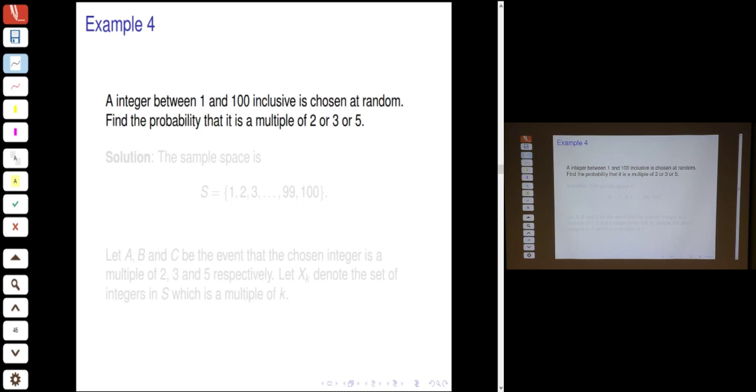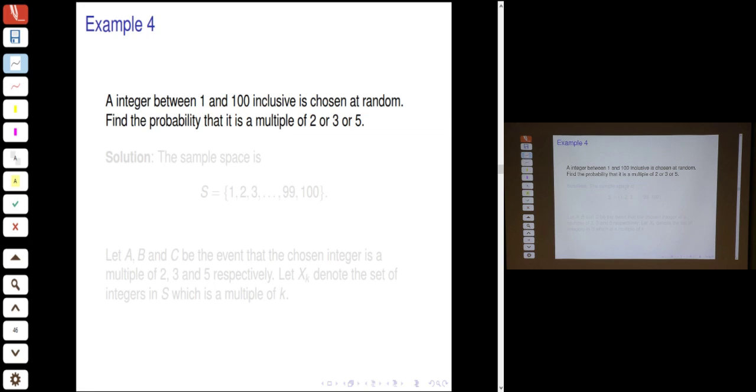Now, the same idea, one more variation. An integer between 1 and 100 inclusive, so including 1 and including 100, is chosen at random. Find the probability that it is a multiple of 2 or 3 or 5.